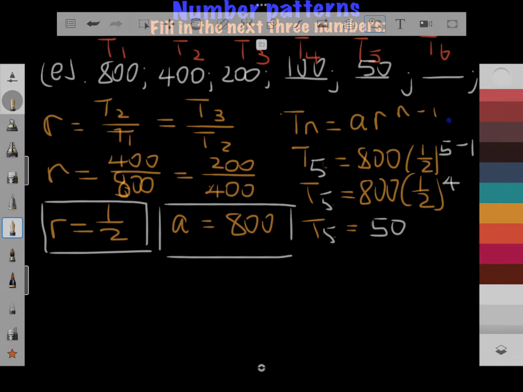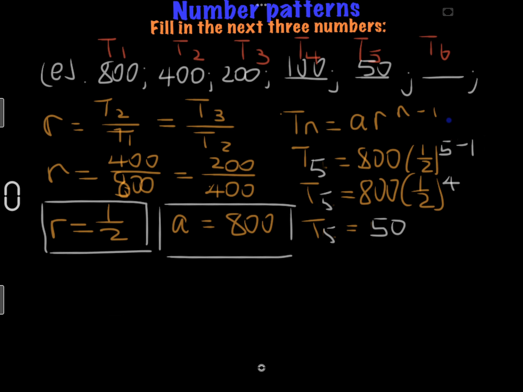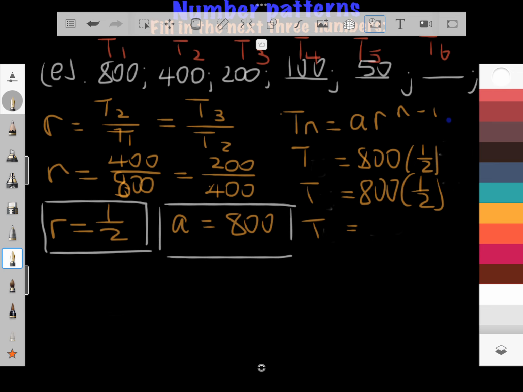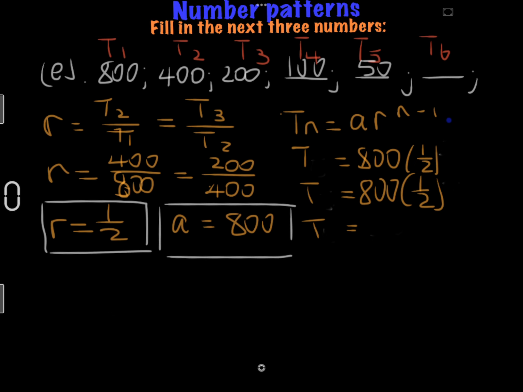Let's find what term 6 is. So for term 6, do the same application. Just substitute the values here and in the answer as well. In this case, term 6 is going to be 6.